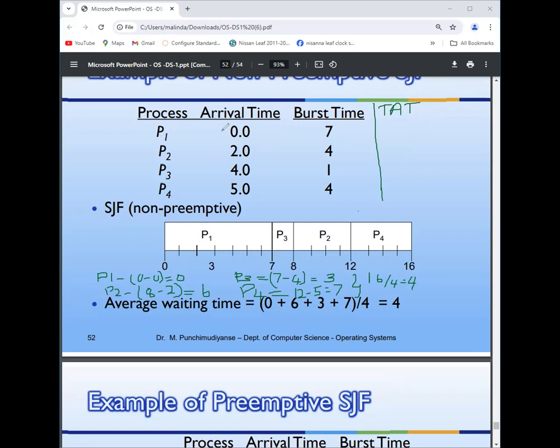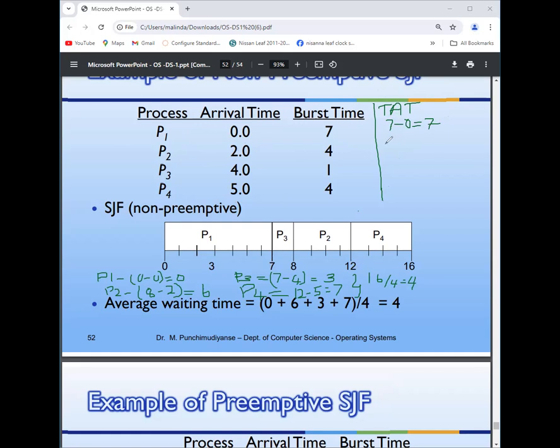For the P1, it arrives at time 0 and went out at time 7. So 7 minus 0 is 7 for the P1. For the P2, arrived at time 2 and went out at time 12.